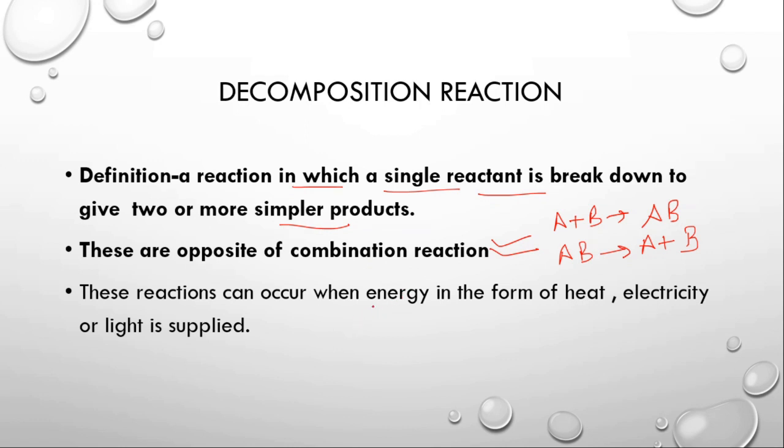Next, in order for these reactions to occur, we need energy in the form of heat, electricity or light. So, in detail we are going to study these three forms, how heat is going to help this decomposition reaction, and electricity, also the light, right?